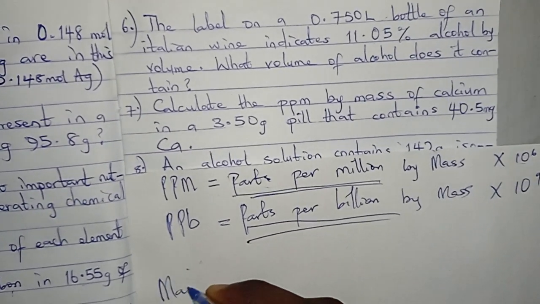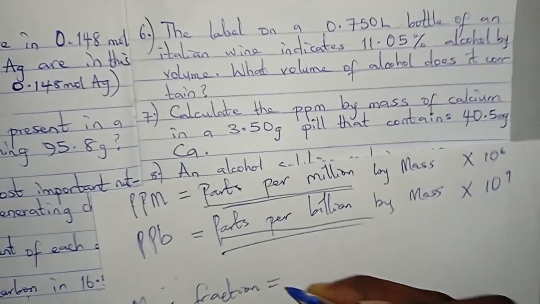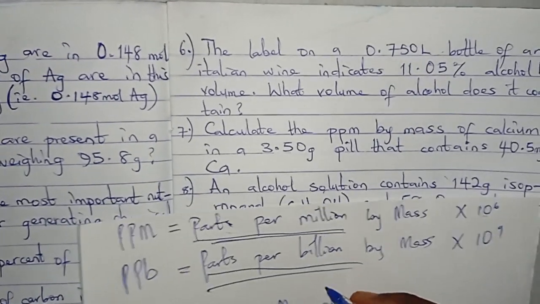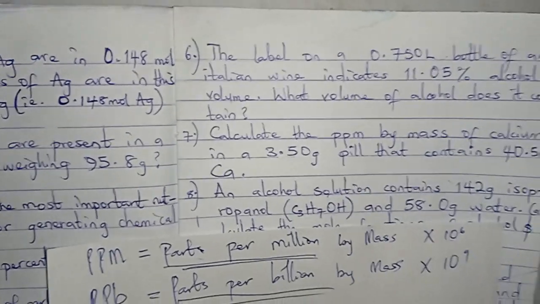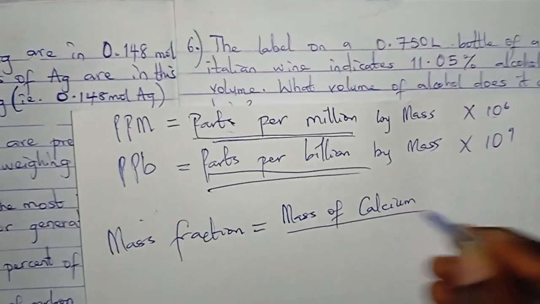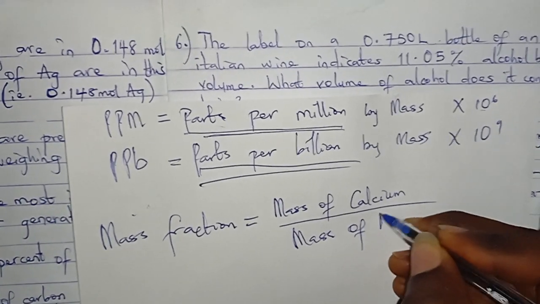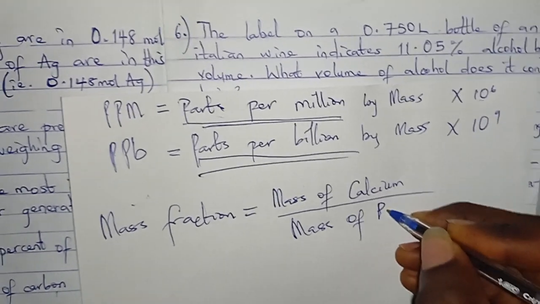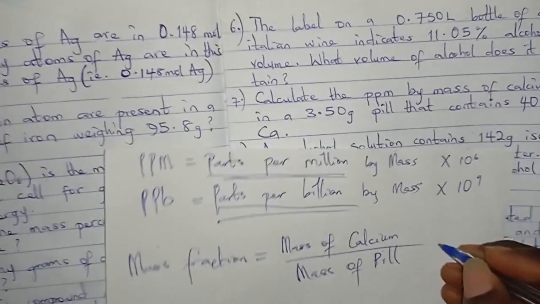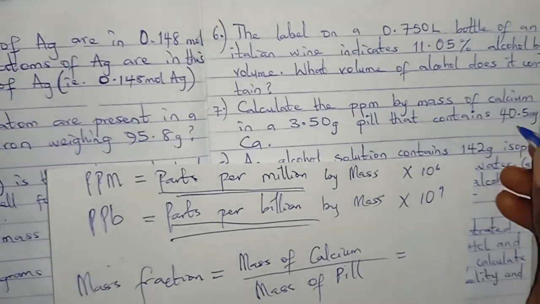So I'll first of all find the mass fraction: mass of calcium all over mass of pill. And mass of calcium in this question is given to me as 40.5 milligram.